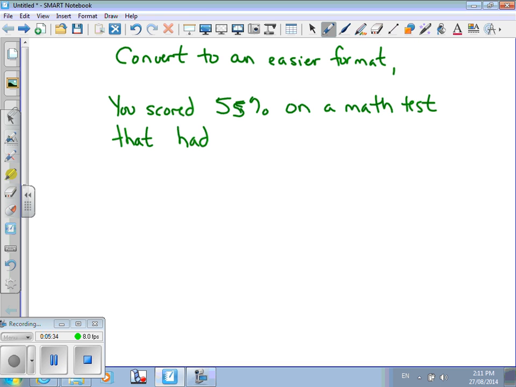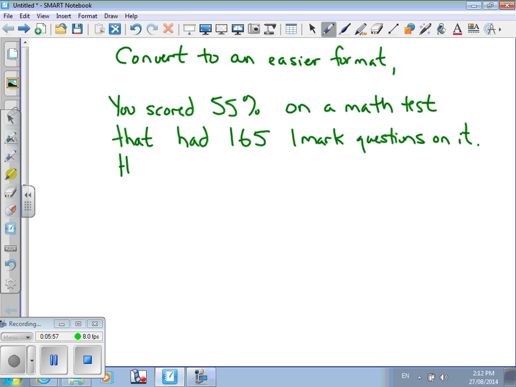Fix the 6 and wreck the 5. 165 one-mark questions on it. How many questions did you get right? That's a lot of words.